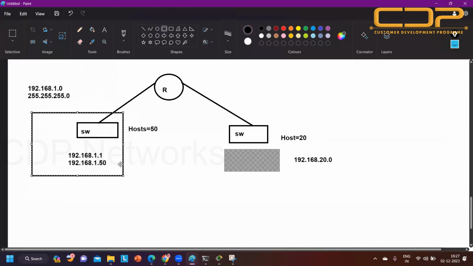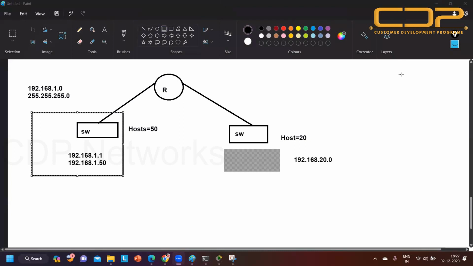Around 200. So just to reduce these 200 wasted IP addresses, we came up with subnetting. Why do we use subnetting? To reduce the wastage of IPv4 addresses.